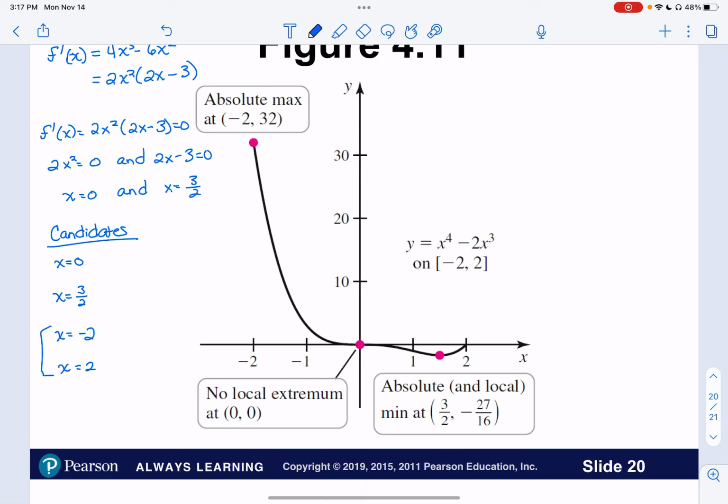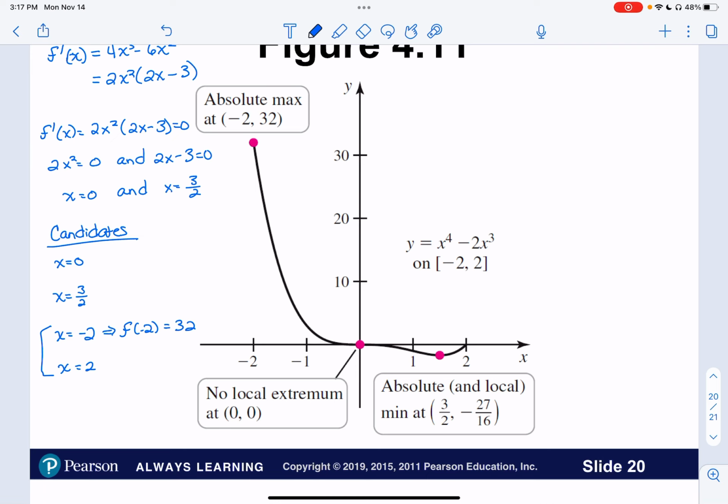These two are. So I'm looking at where I have zeros on the slopes of my tangents, that's from the derivative, and I'm looking at my endpoints. So if I look at this, f of -2 is equal to 32.